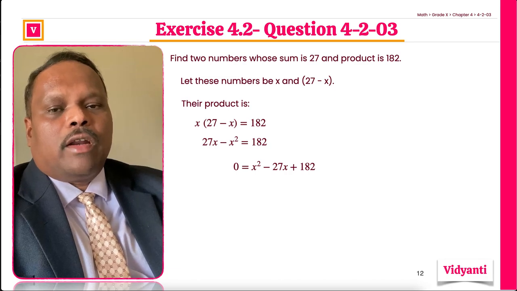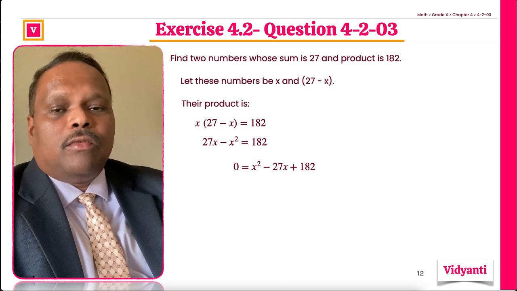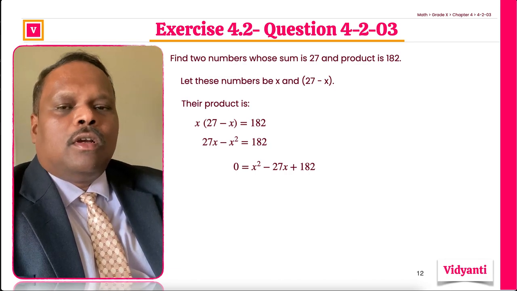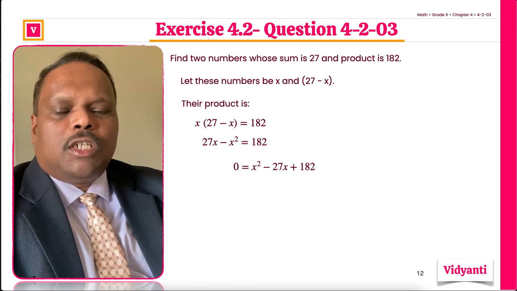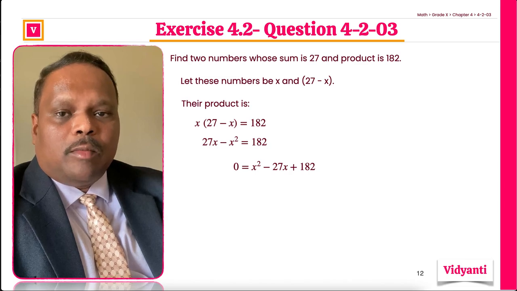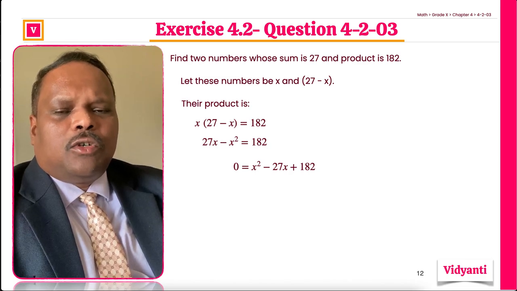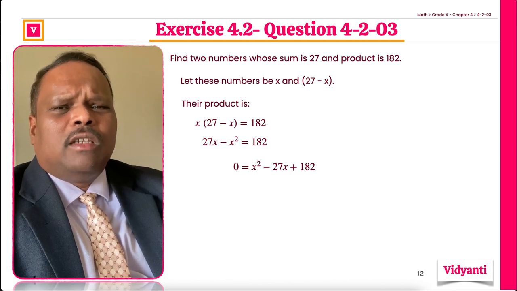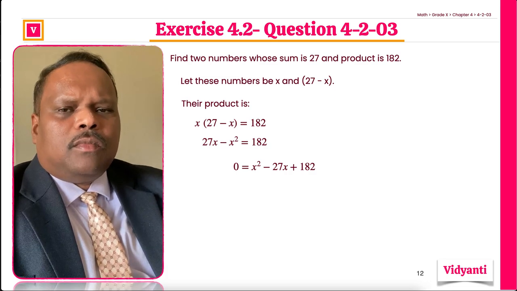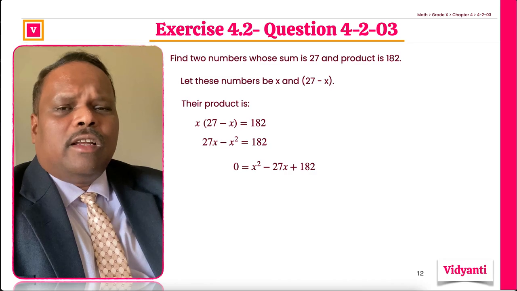One is the quadratic formula, one is factorization. If you are not comfortable with factorization, go for the quadratic formula. Just plug in the values, keep calculating the expressions, simplify, simplify, simplify, get the answer. That's a sure shot method. You don't have to think too much. Just plug and play. As opposed to that, if you want something more intuitive or if you are generally comfortable with factorization, then you can go for factorization.